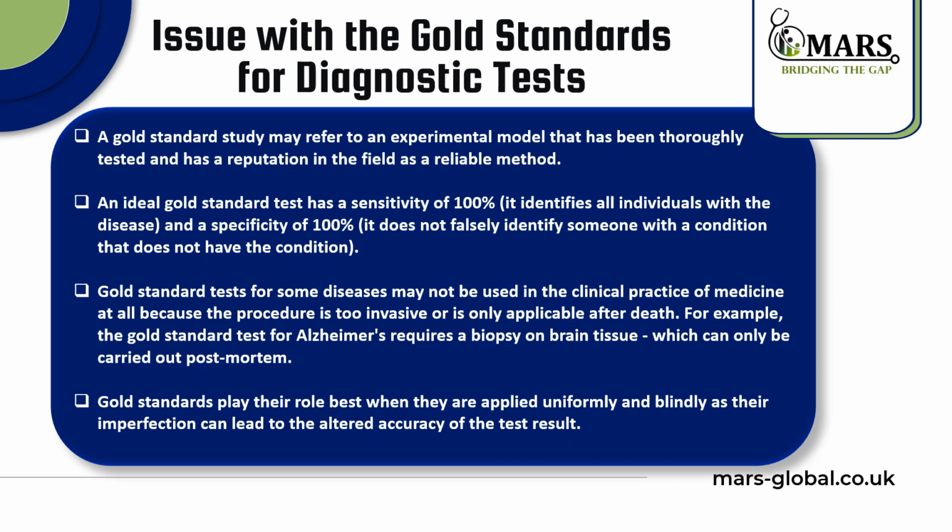For example, the gold standard test for Alzheimer's requires a biopsy of brain tissue, which can only be carried out post mortem. Gold standards play their role best when they are applied uniformly and blindly, as their imperfection can lead to altered accuracy of the test result. An ideal gold standard has a sensitivity of 100% and a specificity of 100% as well.